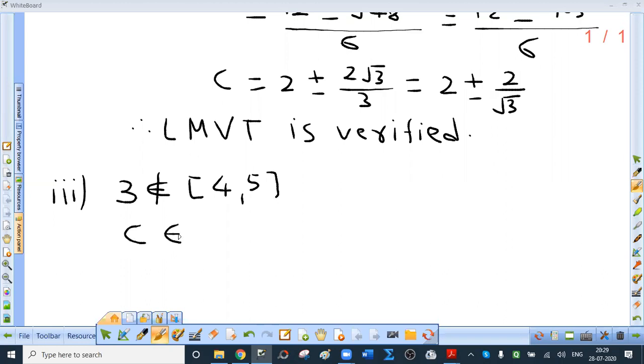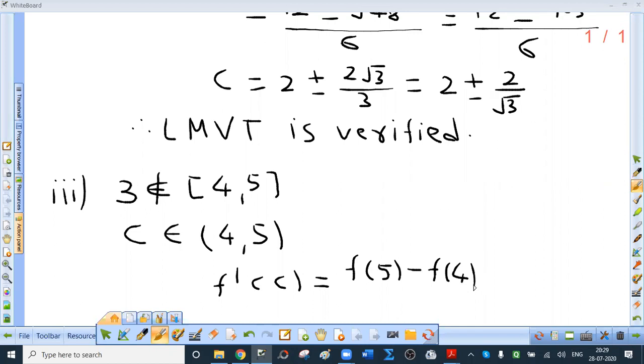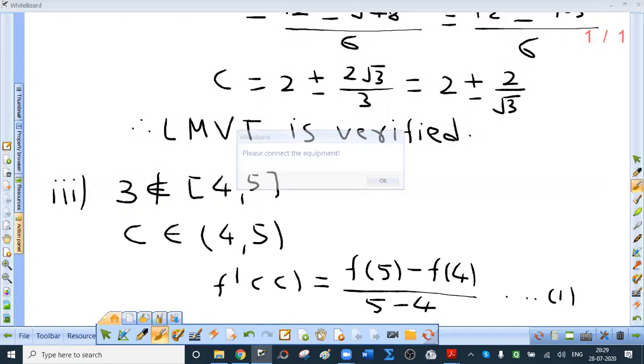C belonging to open interval 4, 5 such that f dash of C equal to f of 5 minus f of 4 upon 5 minus 4, dot number 1. Okay.